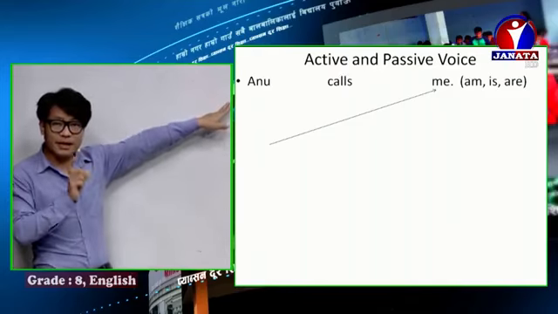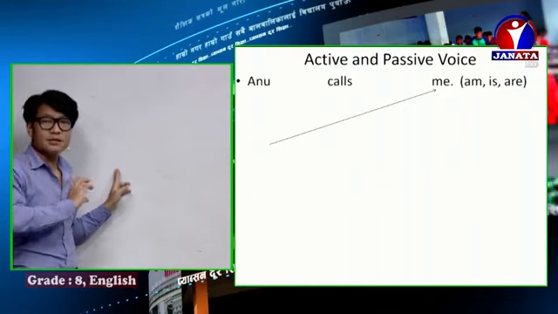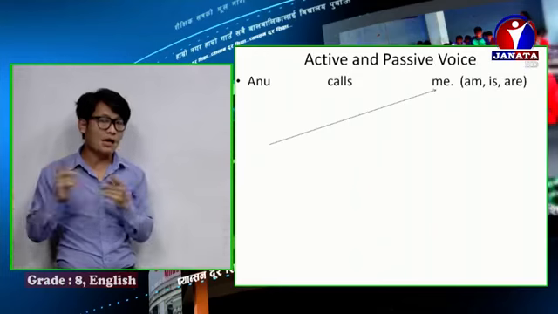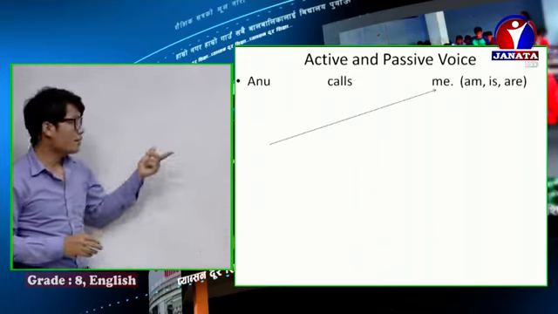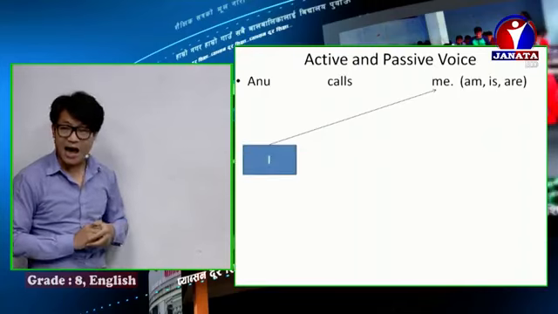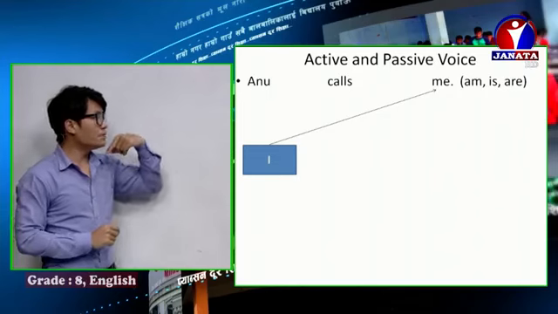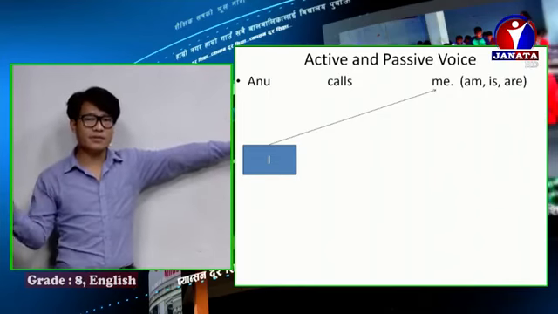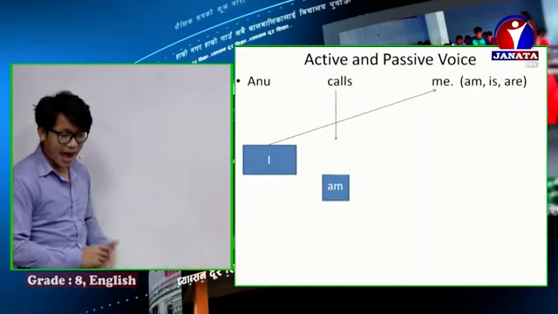I have told you that me is the object. This is the objective case, and it should be written first, and it becomes the subjective case. What is the subjective case of me? I had shown you the slide. The subjective case of me is I. Now we need to choose the be verb. I takes am, is, or are. Which be verb? Obviously am. So I am.